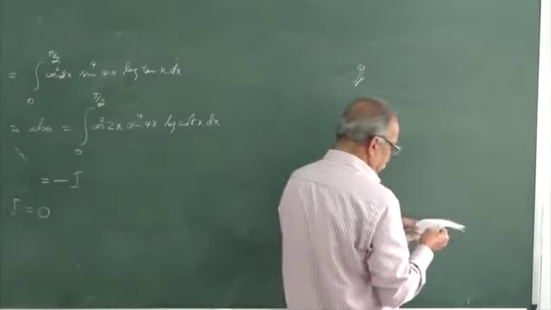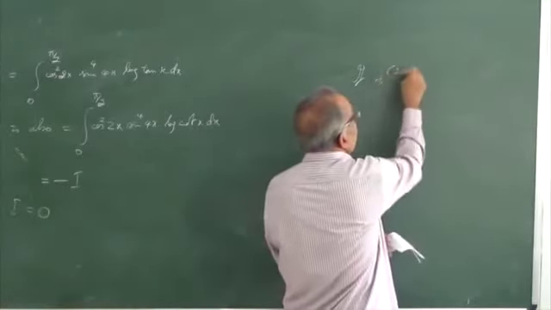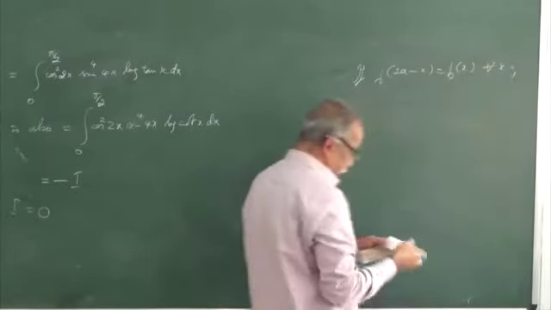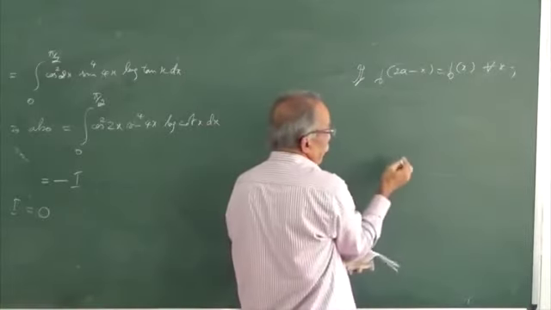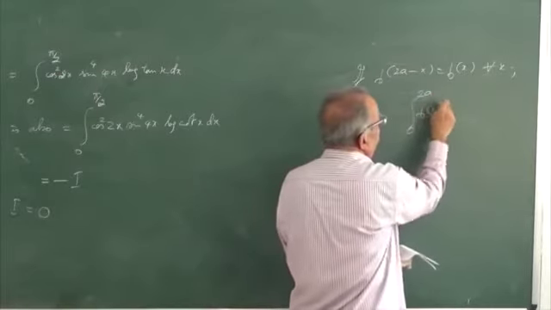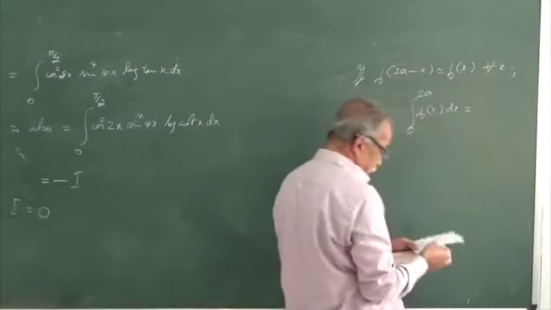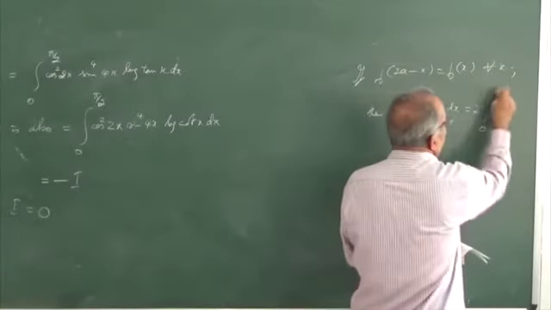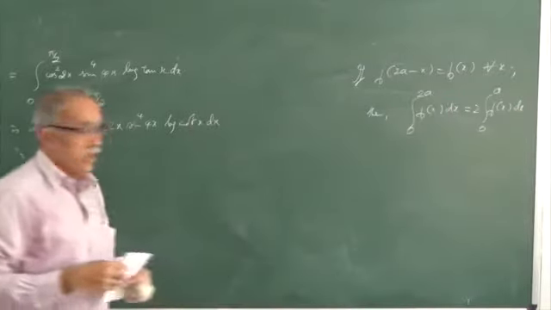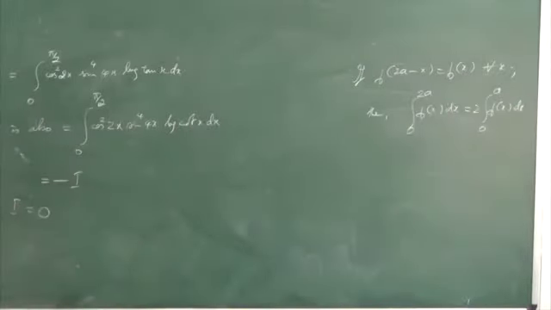Then the integral from zero to 2a of f of x dx equals twice the integral from 0 to a of f of x dx, provided f possesses the property f of 2a minus x equals f of x for every x.